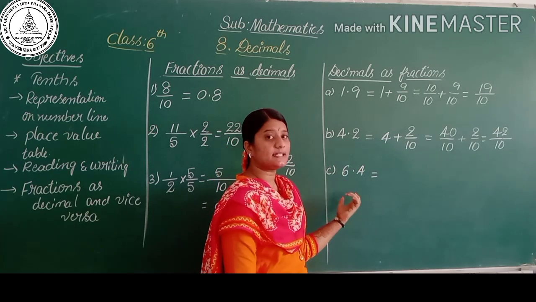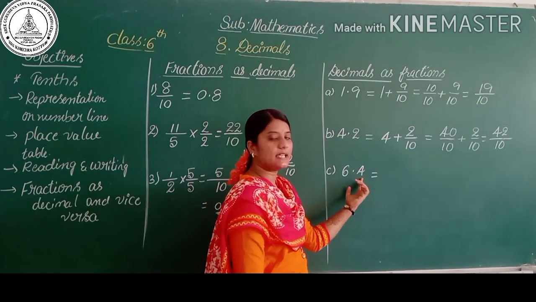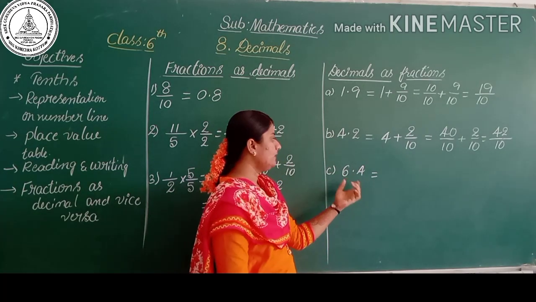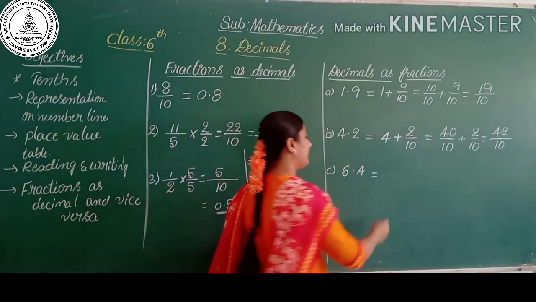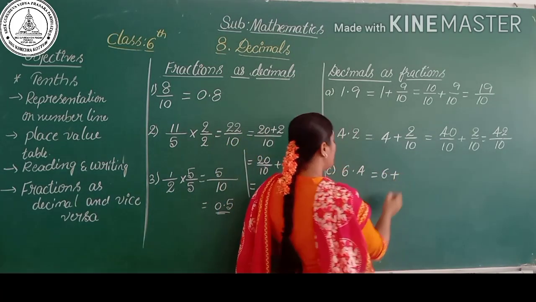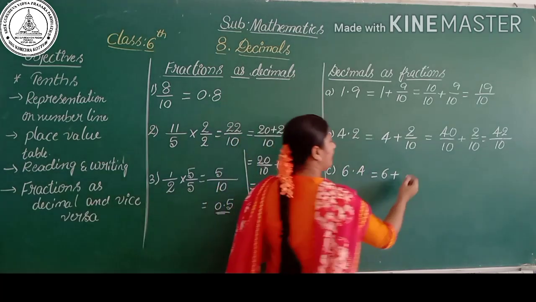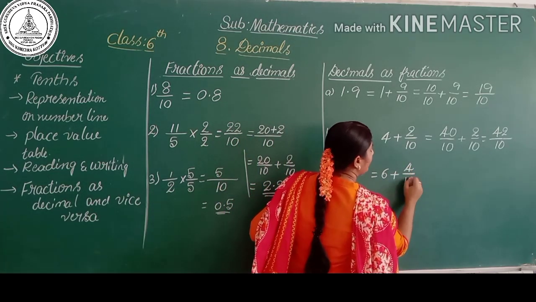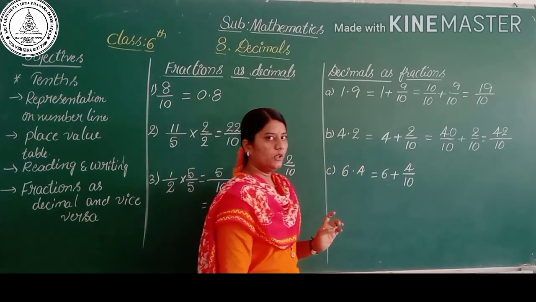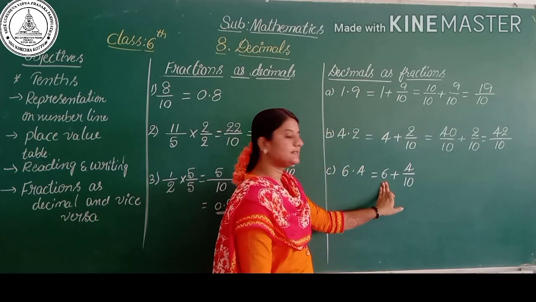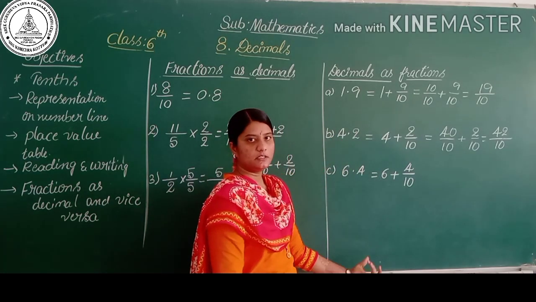We know that 6 is the whole part and 4 is the decimal part. First write the whole part 6, plus 4 in the tenths place. We can write it as 4 by 10 or 4 tenths. Now we can write 6 as 60 by 10.